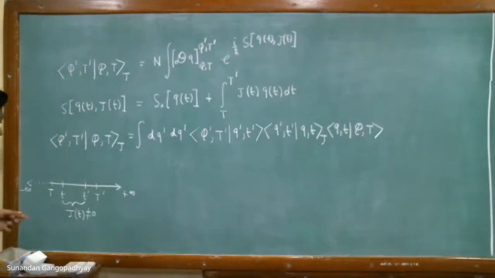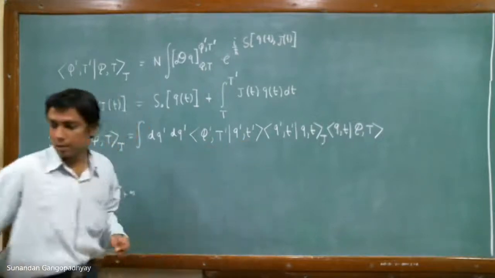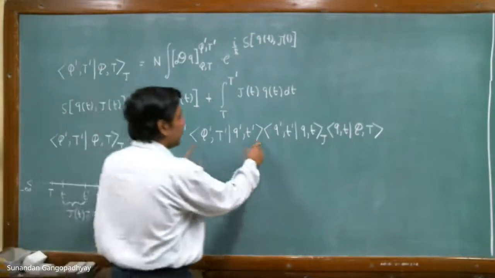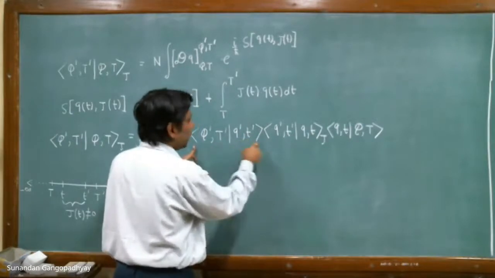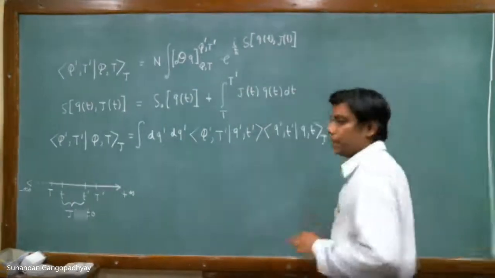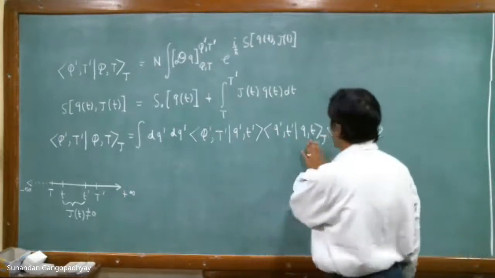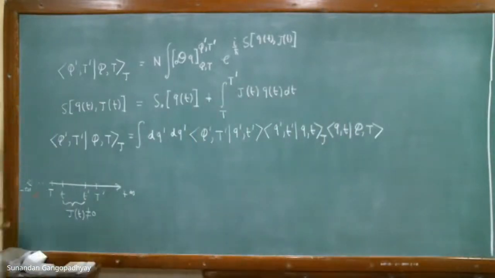And therefore, from small t prime to capital T prime, in this propagator, there is no suffix J because from this point to this point the source has been switched off. Similarly, from capital T to small t, there is no suffix J because the source has been switched off. It is only in the time interval t to t prime that the source is switched on. So that is what is encoded in this diagram.